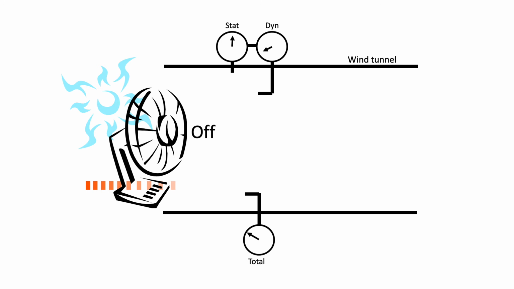So here we have a wind tunnel represented by the two horizontal lines, and we have an electric fan, which is at the moment turned off. So our dynamic pressure is indicating zero. Static pressure is straight up. Our total pressure is some amount that we're going to start with. Then we're going to turn the fan on. Watch what happens to both the dynamic and the total pressure here.